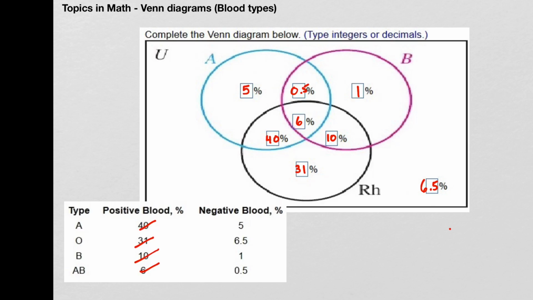No, because somebody with AB negative blood can also take A negative, they can take B negative, and they can take O negative. So they can take any of these four, and so you would just add up those percentages, and that's what works for an AB negative person.